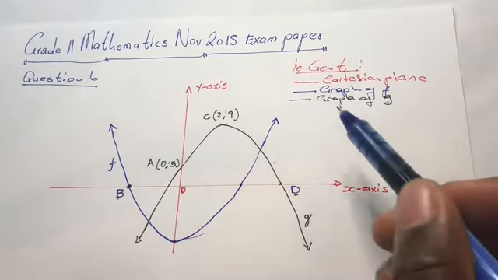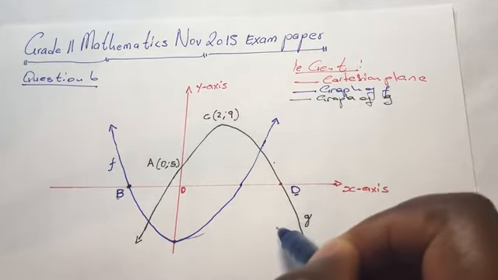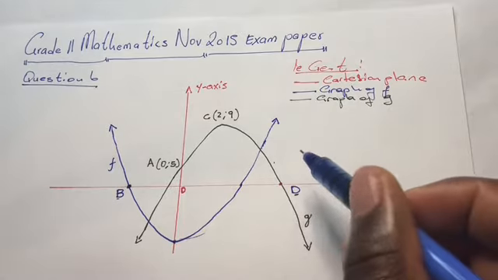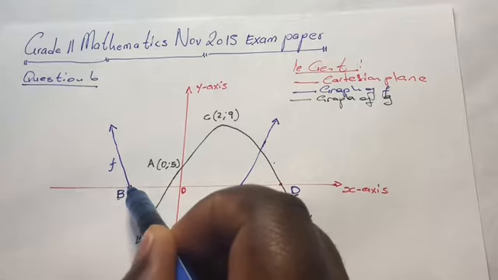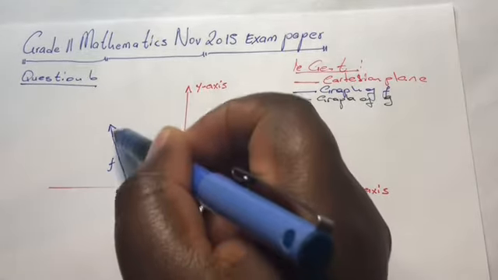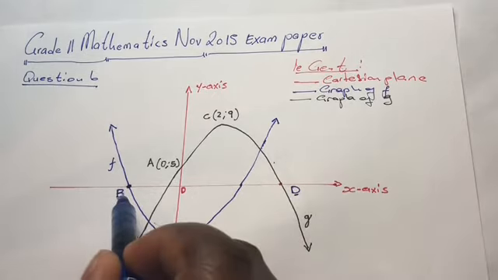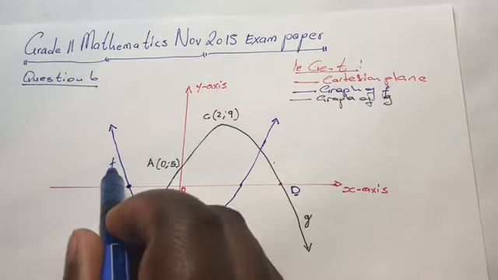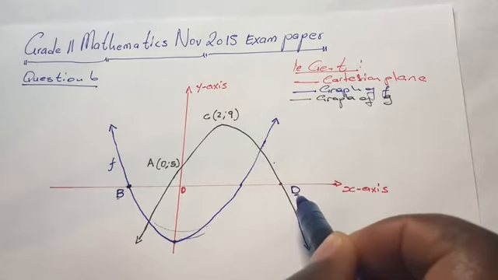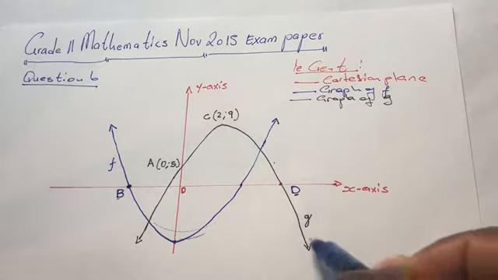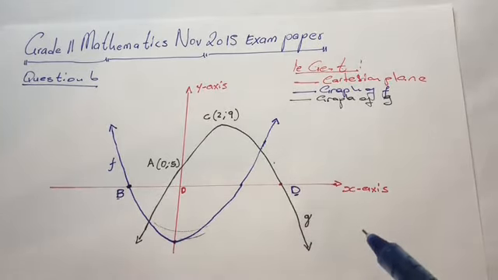I assume at this stage you fully understand what the x- and y-intercepts mean. In simple terms, at B, this is where the graph of f touches the x-axis. So that's what they mean when they say B is the x-intercept of the graph of f. Again, at D, this is where the graph of g touches the x-axis.